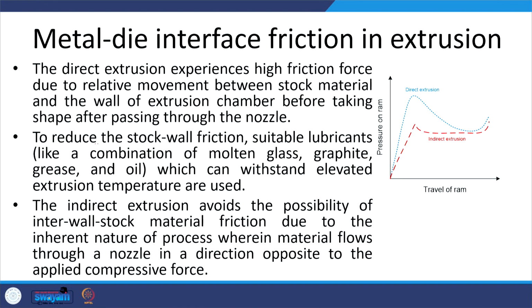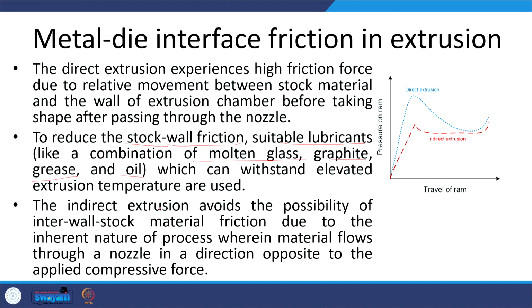So, to reduce the raw material or stock wall interface friction, suitable lubricants like a combination of molten glass, graphite, grease, oil, etc., can be used, so that the interfacial friction can be minimized and the maximum force that is required to start the extrusion can be minimized.